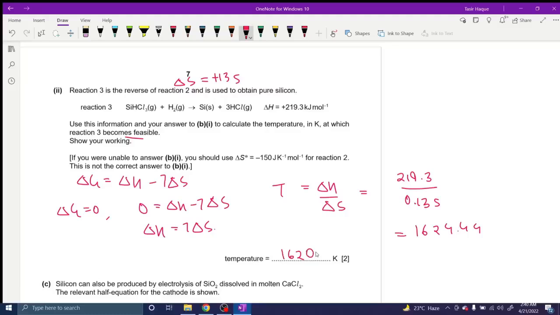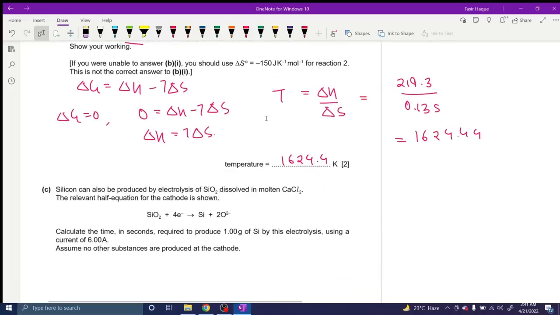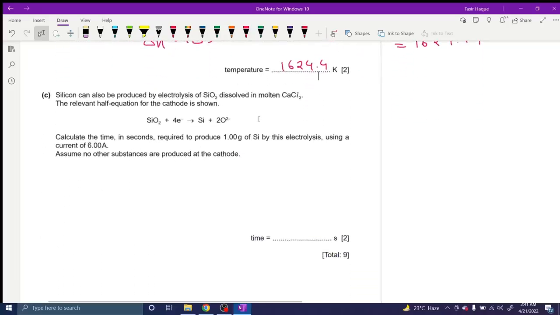But they aren't rounding it off. For some reason they aren't rounding it off. They're writing 1624 or 1624.4. Both are accepted. I'm not really sure why. But 3 significant figures is safe most of the time, okay? Keep it in exact form, it's fine.